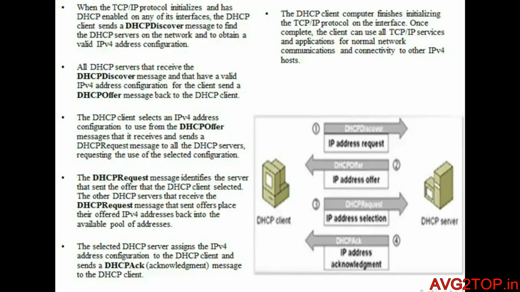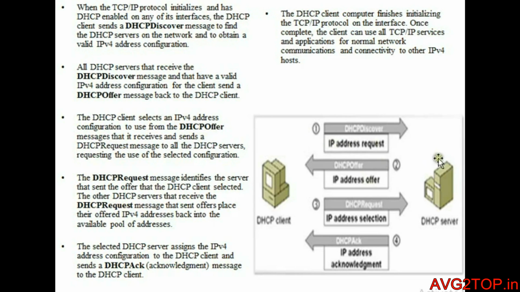The DHCP client and server communication is done with a process named DORA, D-O-R-A. D stands for discover, O stands for offer, R stands for request, A stands for acknowledgement. In this DORA process, initially the client computer tries to discover, like a broadcast, it tries to search for a network initially.